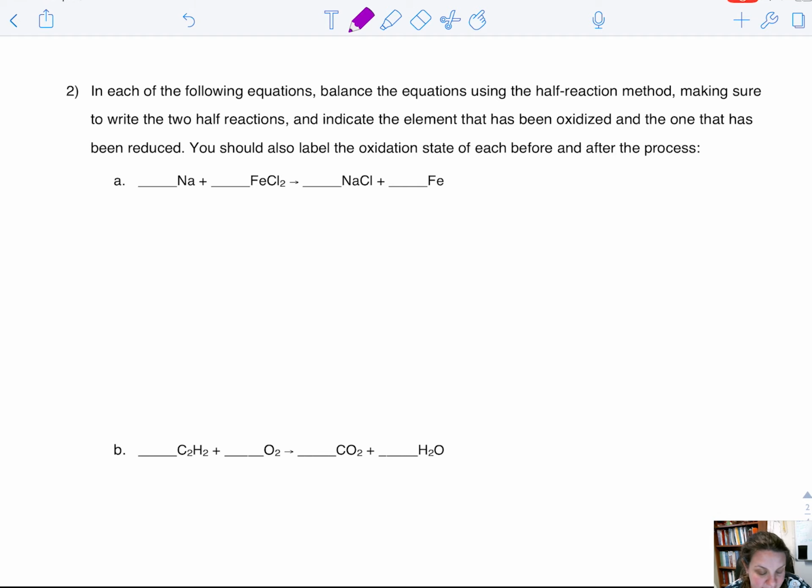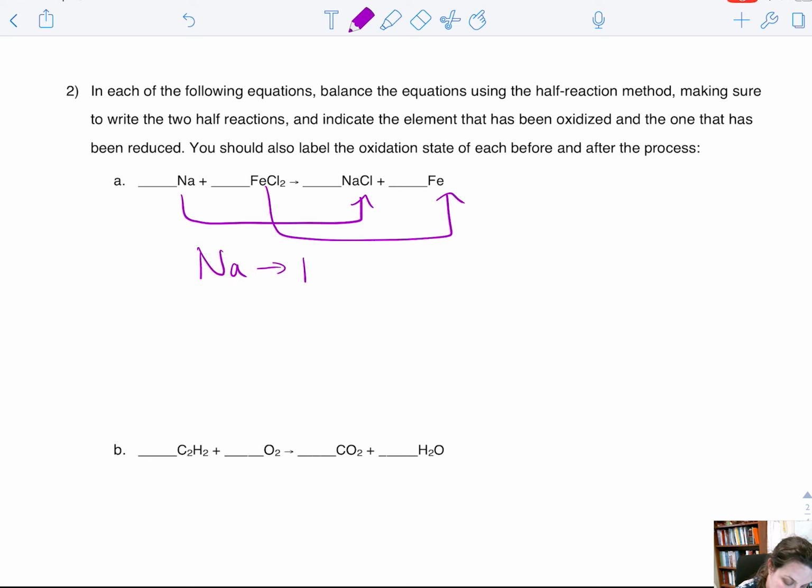This next part is a really easy balancing because we're just dealing with metal salts. So let's go ahead. We have sodium going to sodium chloride, iron chloride going to iron. So going from sodium to sodium plus, iron 2 plus going to iron.